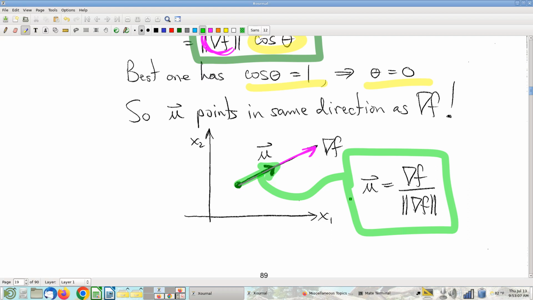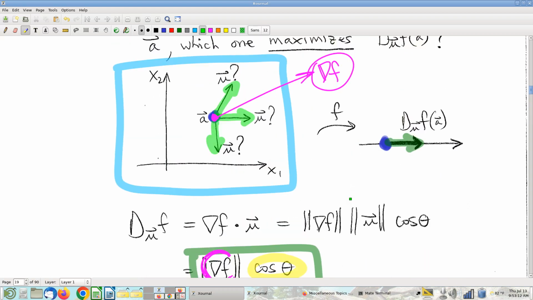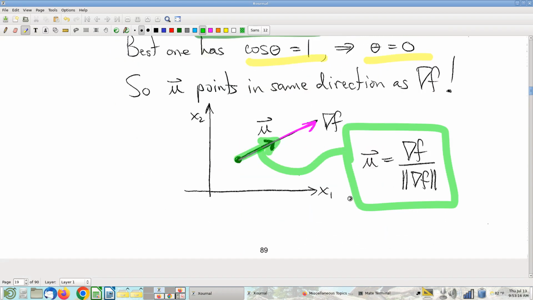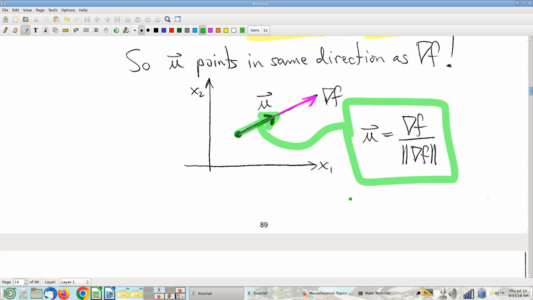So, I told you I was going to tell you stuff about the gradient vector. We ended up asking a question about directional derivatives. Why is this a statement about the gradient vector? It's a statement about the gradient vector because it's telling us a geometric interpretation of the gradient vector. The gradient vector is the answer to a natural question.